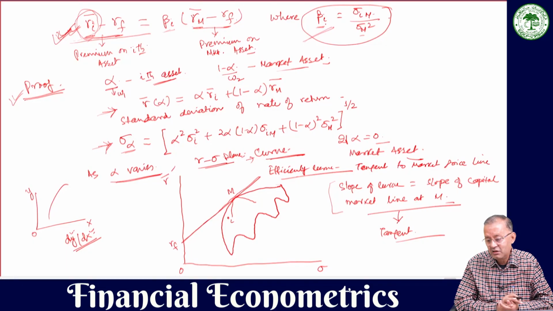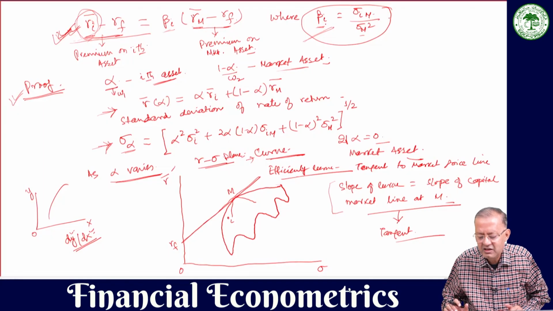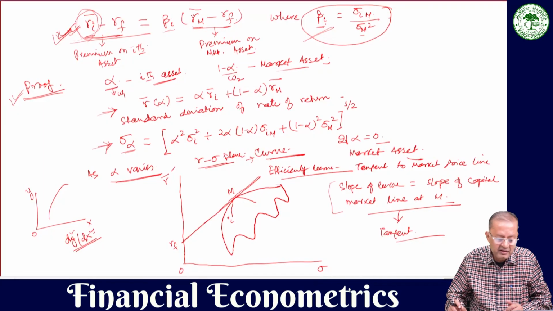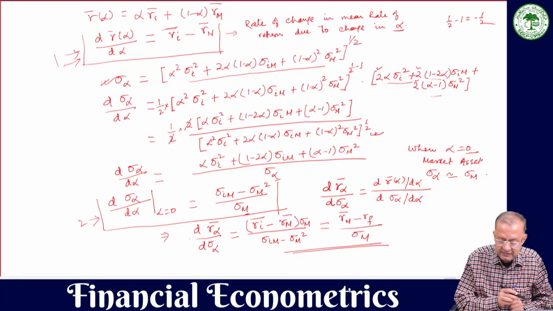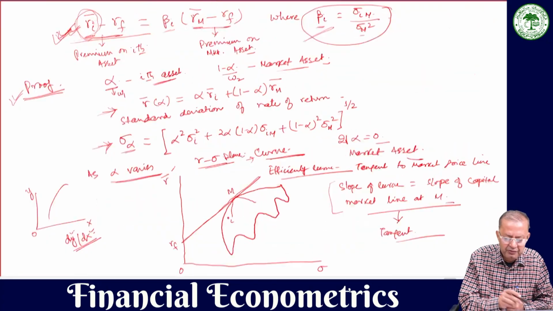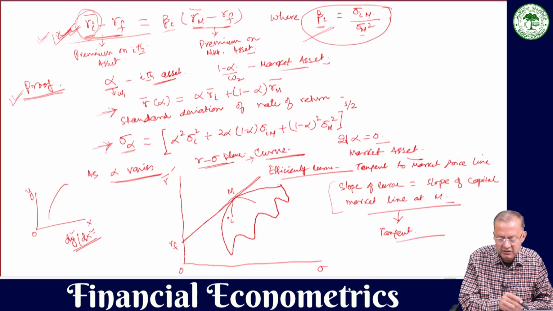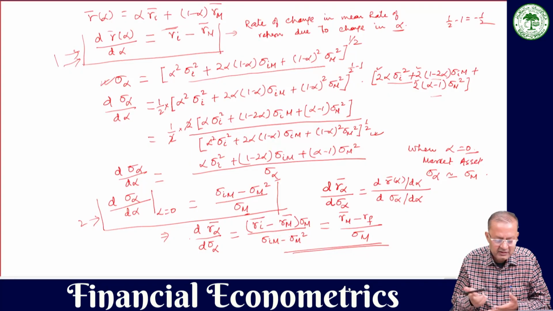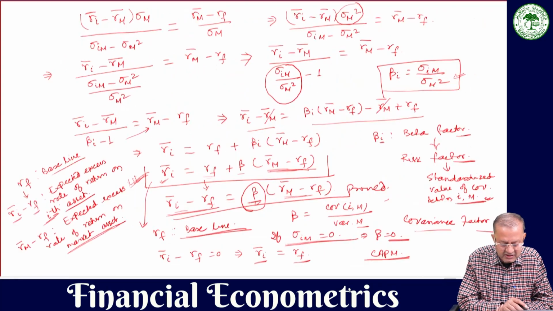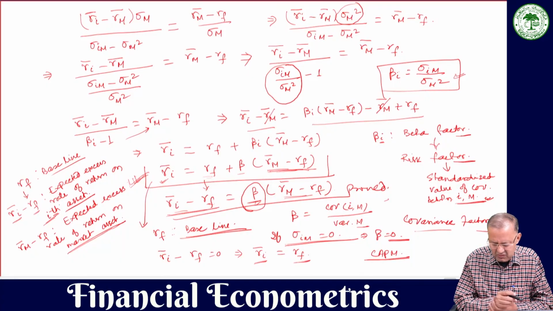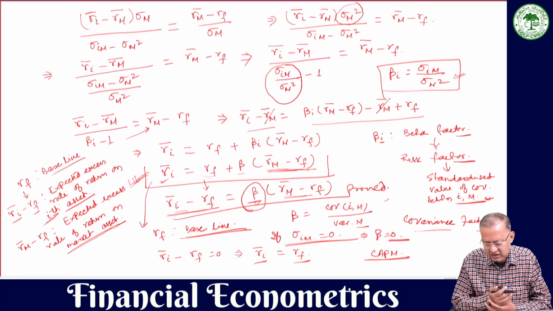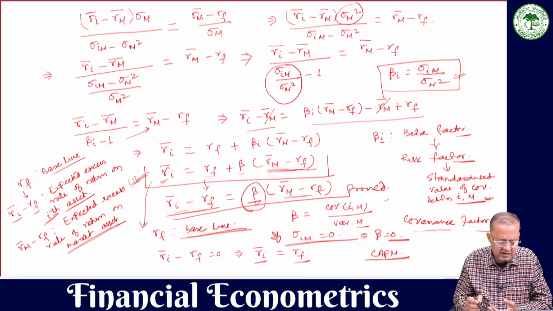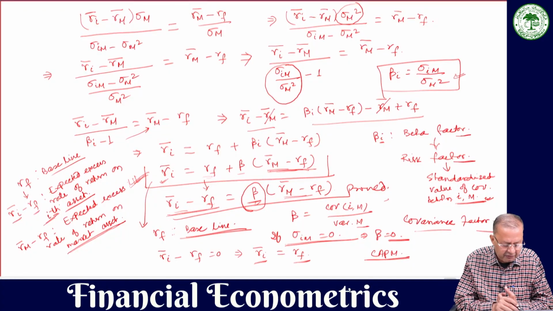Beta factor is nothing but the covariance between, or the standardized value of the covariance between, the ith asset and the market asset. Then we proved this equation. We first wrote down this equation, then we went for this proof on the basis of the concepts that we have already studied. And after this, we explained the meaning of these results, and finally we talked about this.